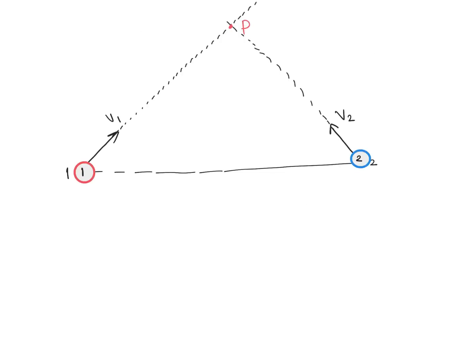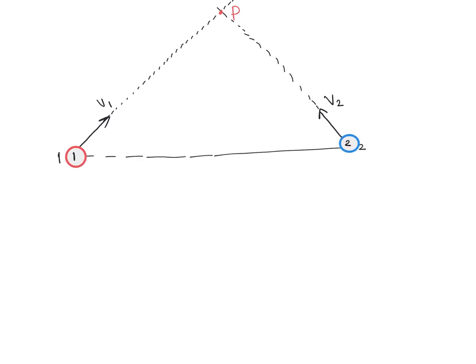Now according to the concept of relative velocity, we can observe the velocity of one object with respect to another. If we would like to keep particle 1 at rest and observe the velocity of 2 with respect to 1, then we can reduce the velocity of the entire system by v1.